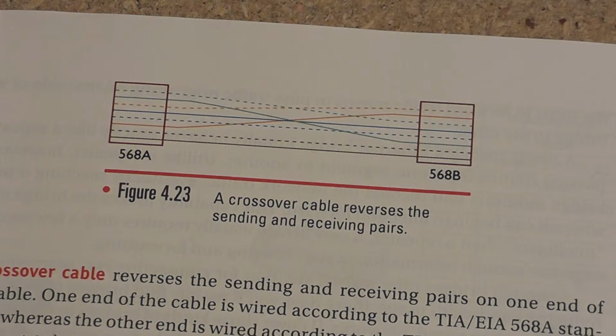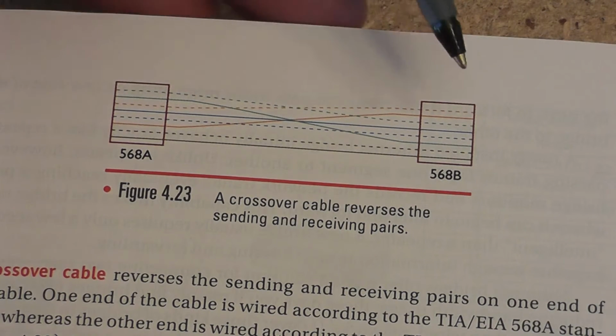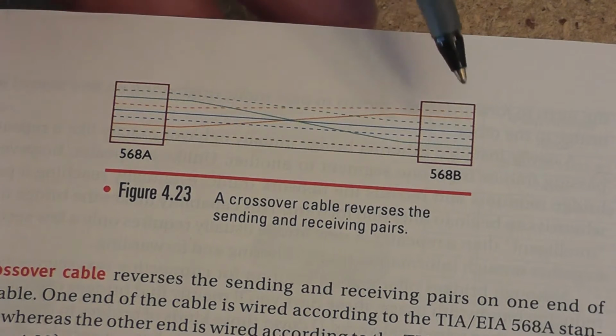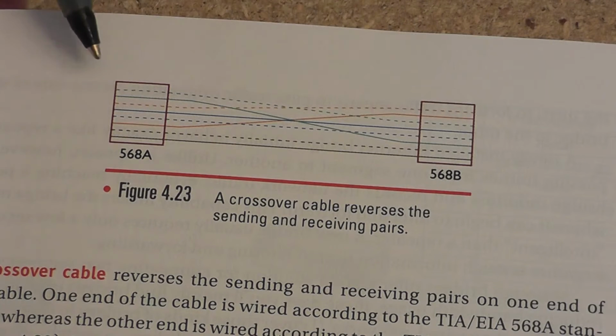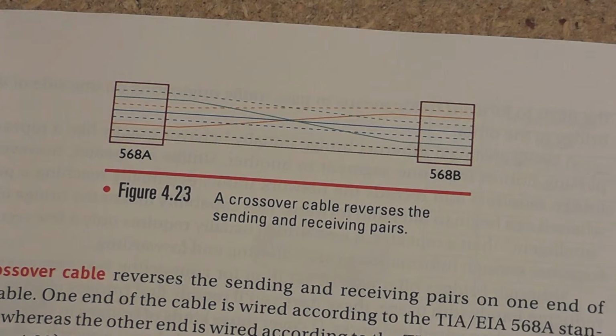If you follow the colors in the graphic from the A side to the B side, you'll see the 1, 2 over here going to 3, 6 on this side, and the 3, 6 on this side going over here to 1, 2. So this shows it to you with the color codes, and that's what the graphic is all about.